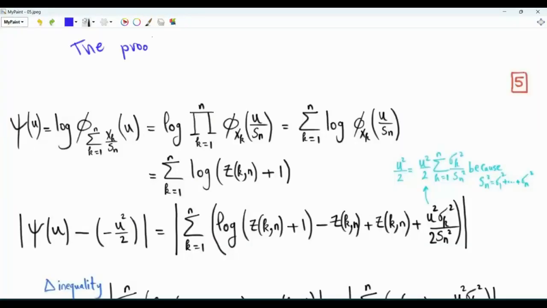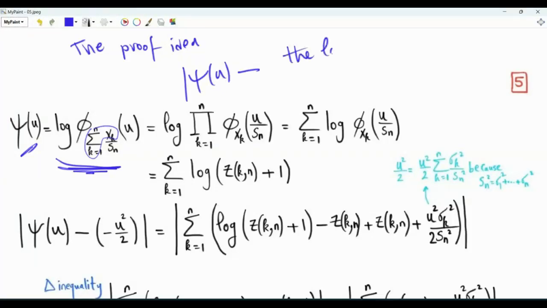The proof idea is that we will take the log characteristic function of the sum of the X's divided by Sn. Recall that Sn is the square root of the sum of variances. We will take the log characteristic function, called psi of u, which depends on n, minus the log characteristic function of a standard Gaussian random variable. The characteristic function of a standard Gaussian random variable is e to the minus 1/2 u squared, so this one will be minus half u squared.